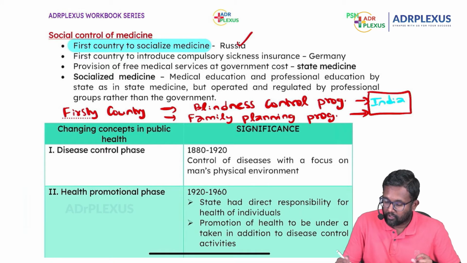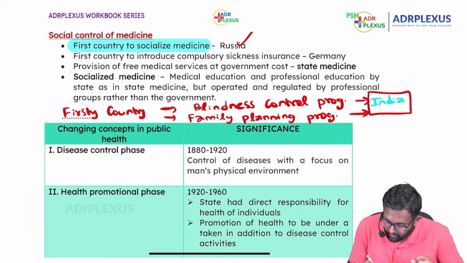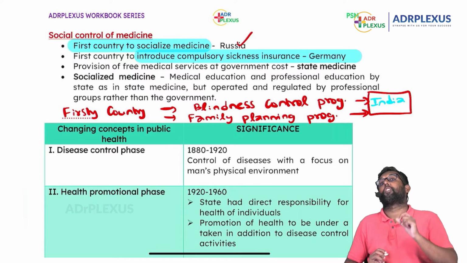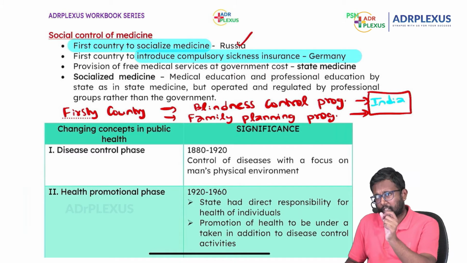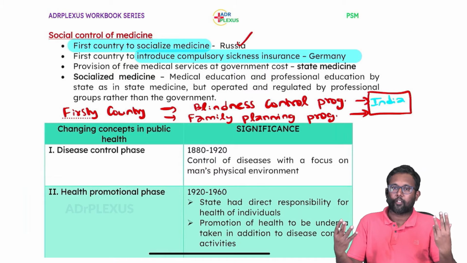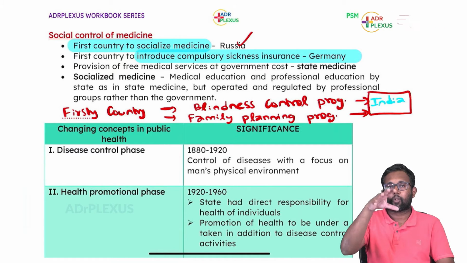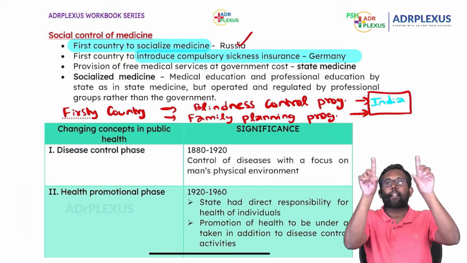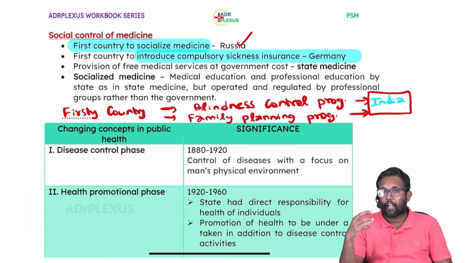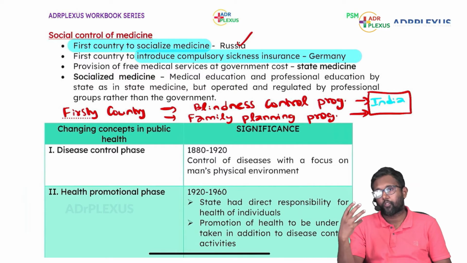Okay, next question. Which was the first country to introduce compulsory sickness insurance? Germany. What is this compulsory sickness insurance? Say I am working in a Tata company as an employee. Whenever I am working in the company, they will take 100 rupees or 50 rupees from my salary every month and keep an insurance for me.